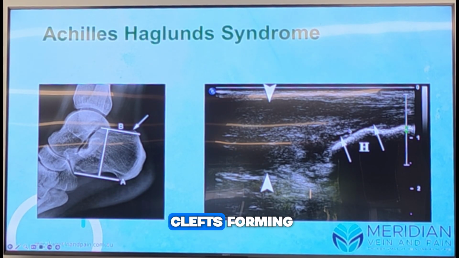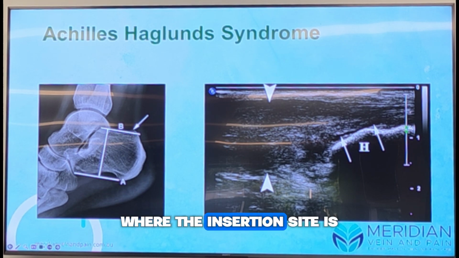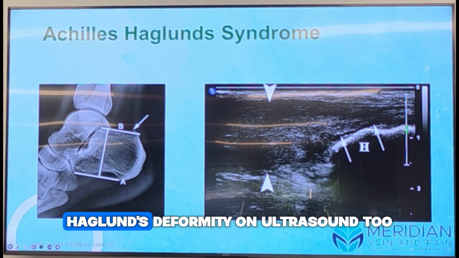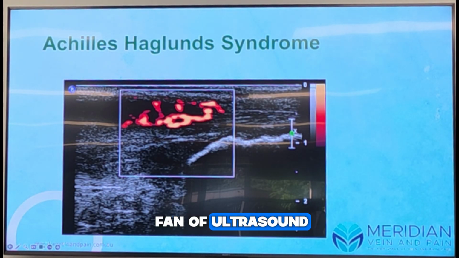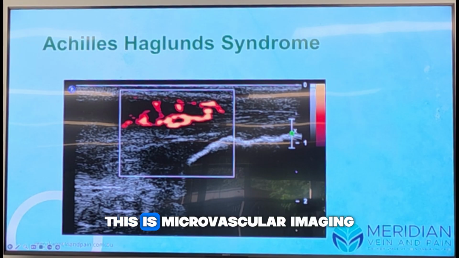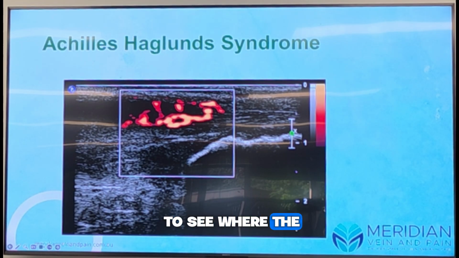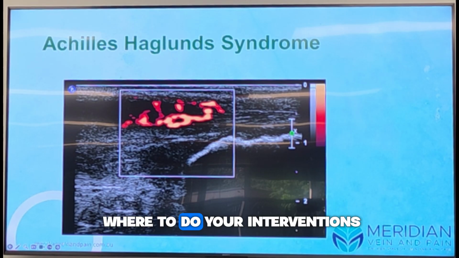You can see these clefts forming where the insertion site is, and you can actually see the Haglund's deformity on ultrasound too. So I'm a big fan of ultrasound. Again, this is microvascular imaging to see where the areas of Achilles tendinosis are, and can be used for trying to work out where to do your intervention.